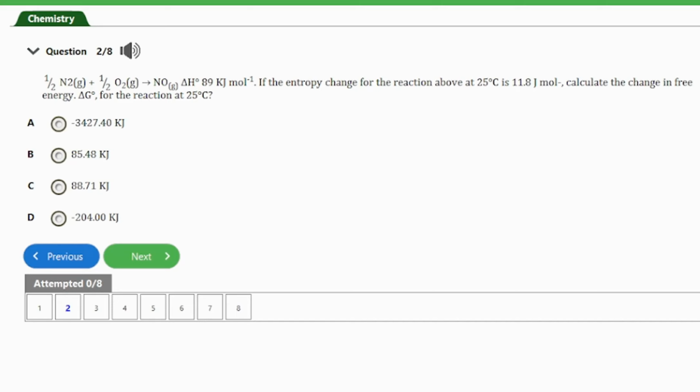And guys, in order for us to do this, we are simply going to go ahead and zoom into our workspace here. So remember, the first thing to do is to write down your equation here.